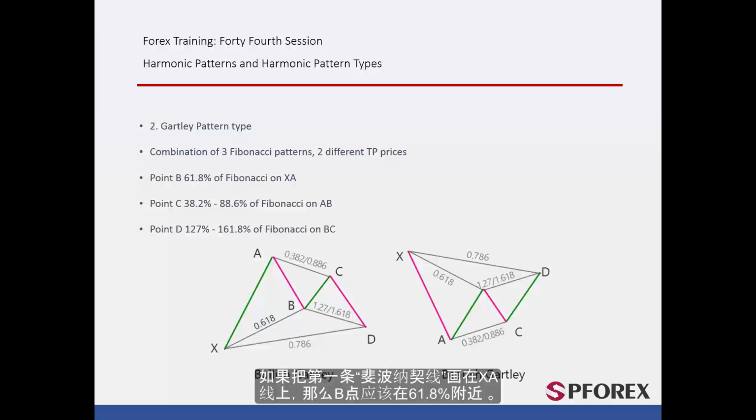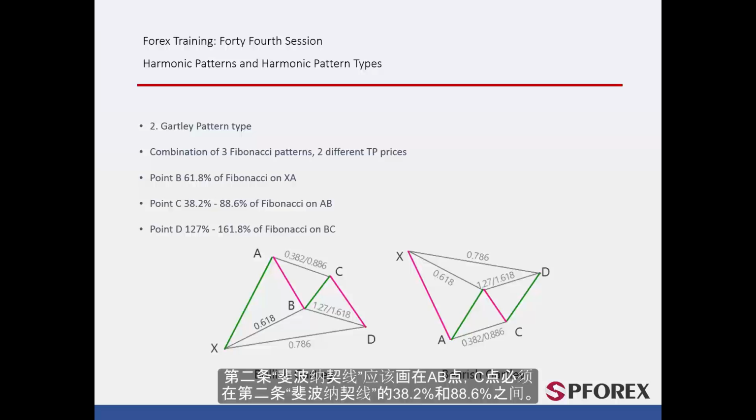If the first Fibonacci is drawn on the XA line, then B should be around the 61.8% level. On the reversal point B, the trend returns to its direction and proceeds to a certain point C. The second Fibonacci should be drawn on AB, and C must be between 38.2% and 88.6% of the second Fibonacci.